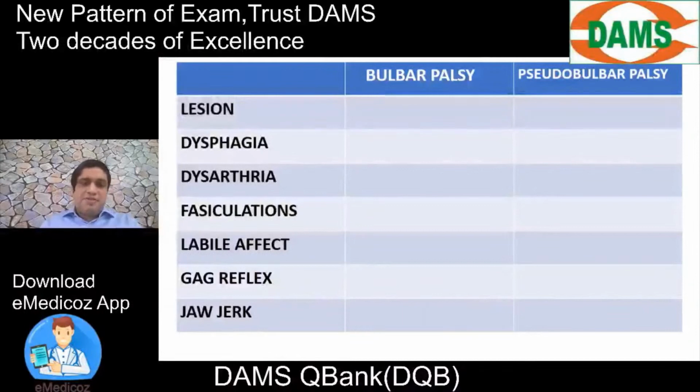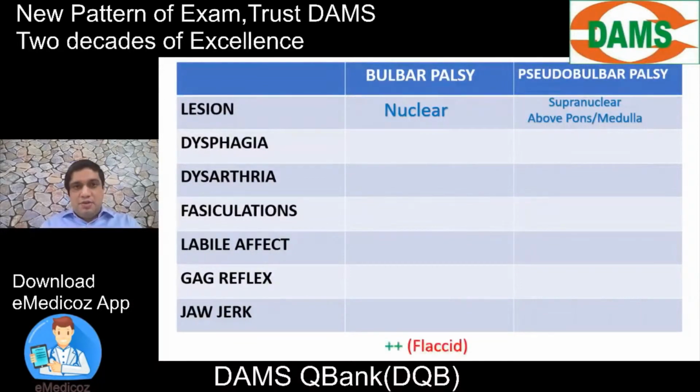Let me summarize everything. What are the key differences between a bulbar and a pseudobulbar palsy that we find? In pseudobulbar, the lesion is supranuclear, above the pons and medulla, involving the corticobulbar tract especially, while bulbar palsy is a lesion in the medulla or the pons involving the nucleus of the cranial nerves. So dysphagia, as you saw, in bulbar palsy was flaccid, in pseudobulbar was spastic.